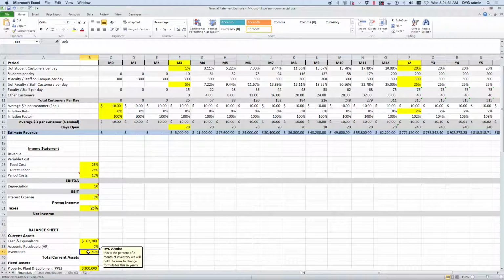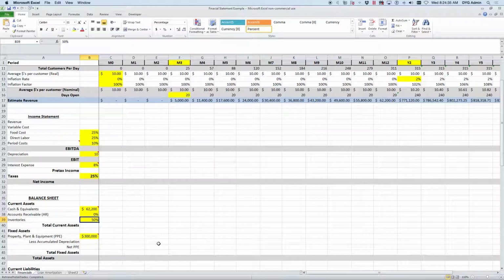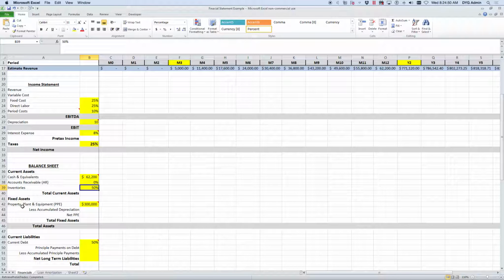I set it at 50%, and so for me, what that means is that I will typically have about 2 weeks worth of inventory. That may be a little bit long, and I may lower that at some point. But at any one point in time, I don't see any reason why I would have any more than 2 weeks worth of food on hand.